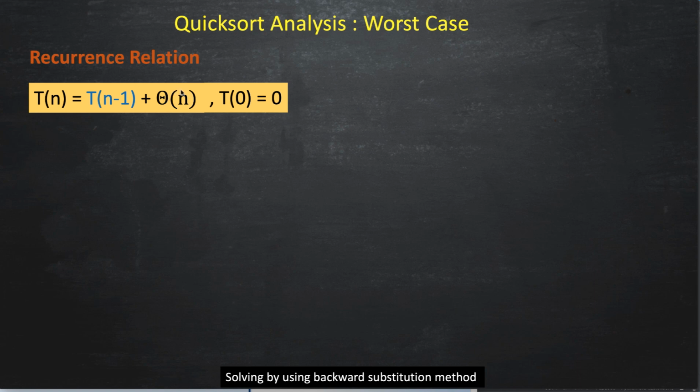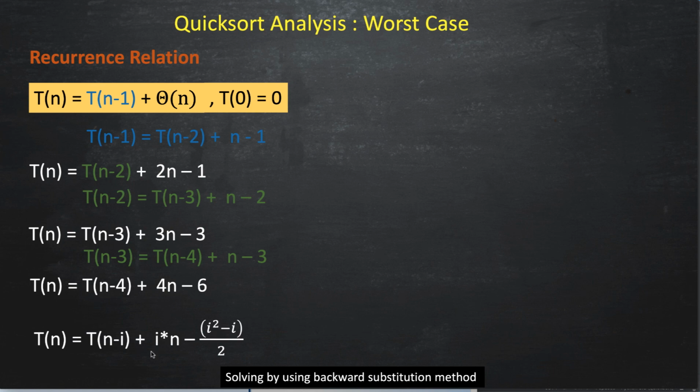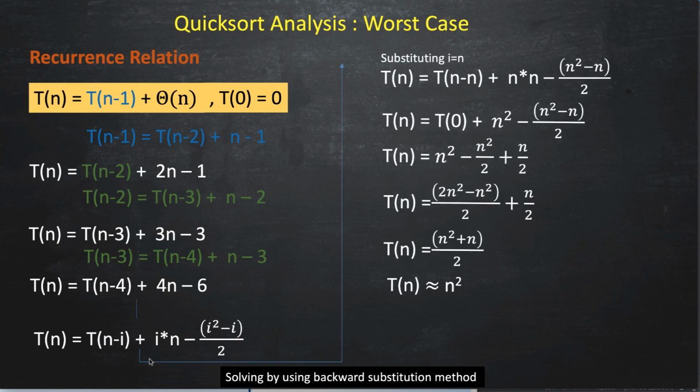The partition function in the worst case is doing n comparisons, and also in the worst case, since we are splitting the pivot at the first location, we are dividing the array into n minus 1 elements. If we solve this recurrence relation using the backward substitution method, we eventually come to the same answer, that Quicksort in the worst case takes big theta of n squared.